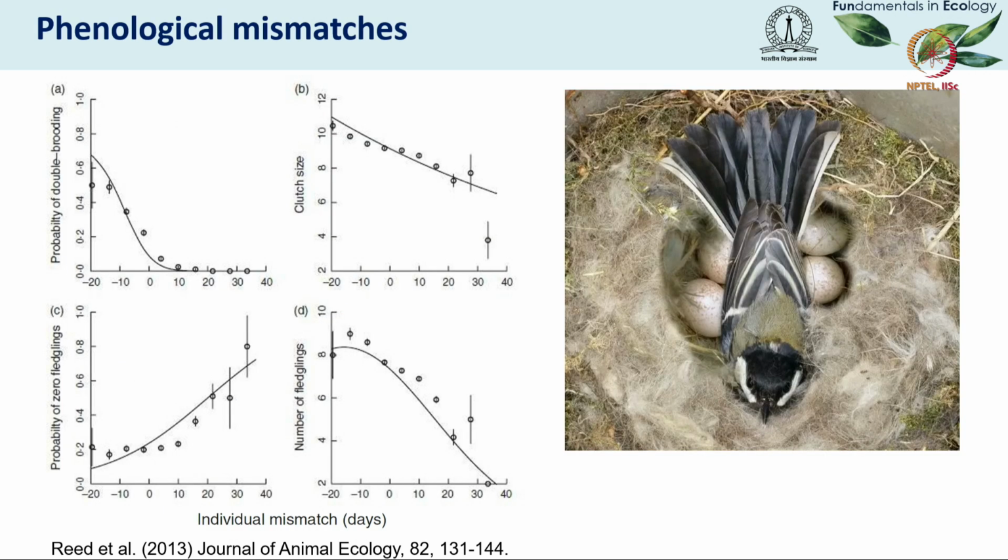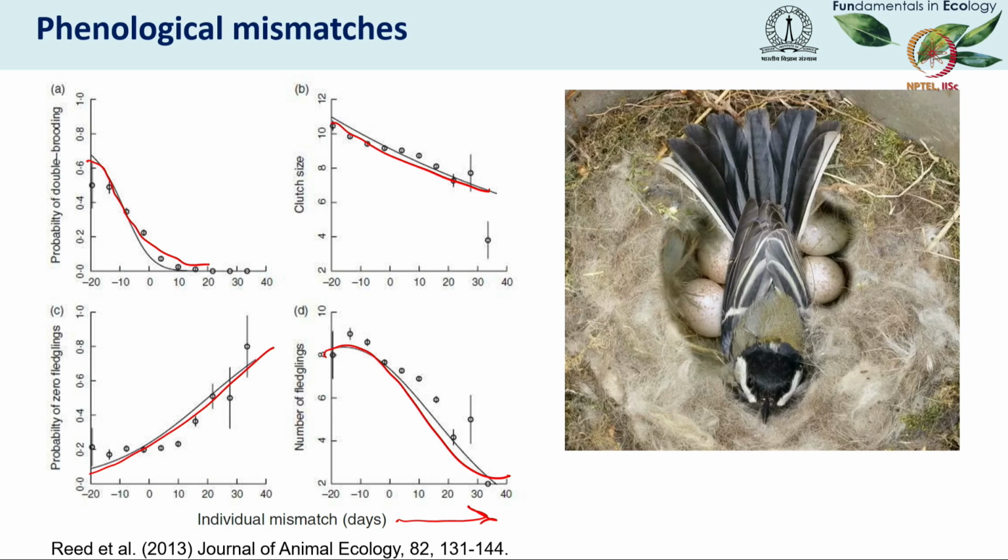And in fact it does. If you look at the degree of individual mismatch in days on the x-axis, the greater the mismatch that you see, the lower the clutch size, the lower the number of fledglings, the higher the probability that 0 chicks will fledge from the nest, and the lower the probability that a pair of nesting great tits will lay 2 batches of eggs.